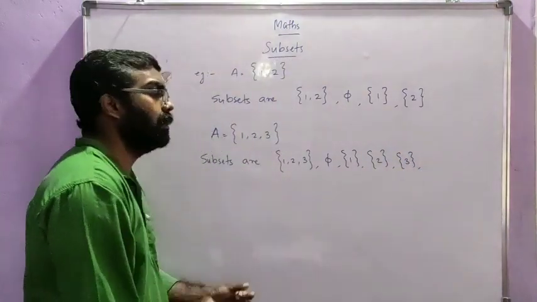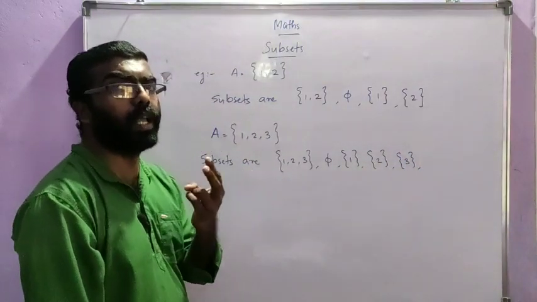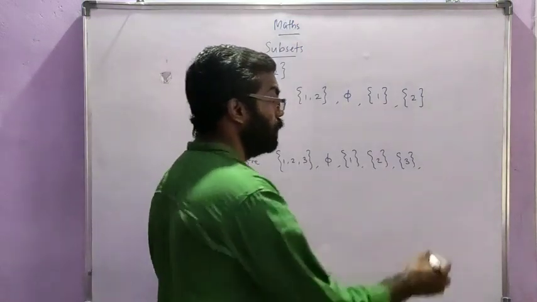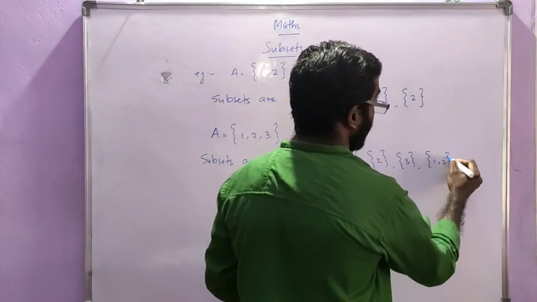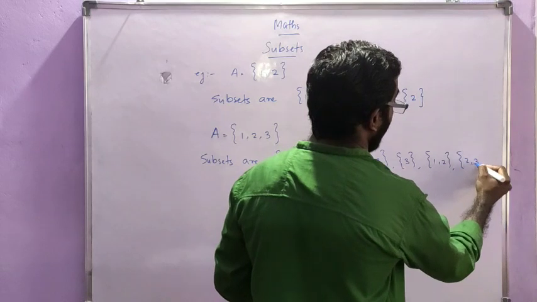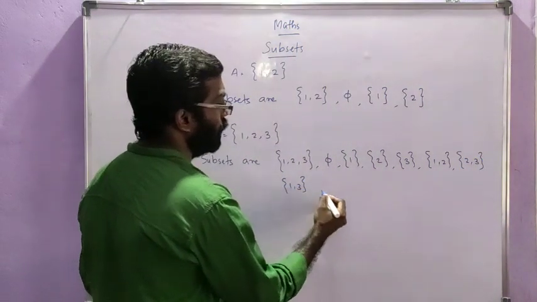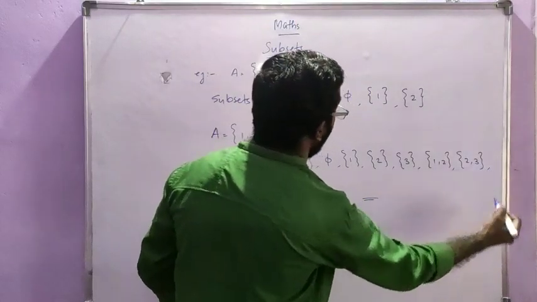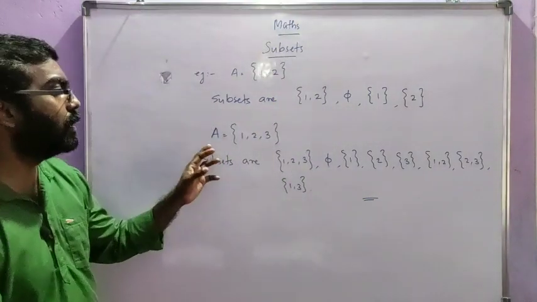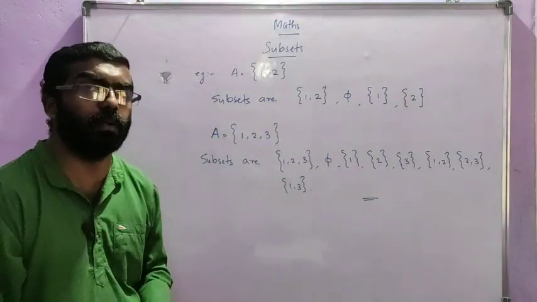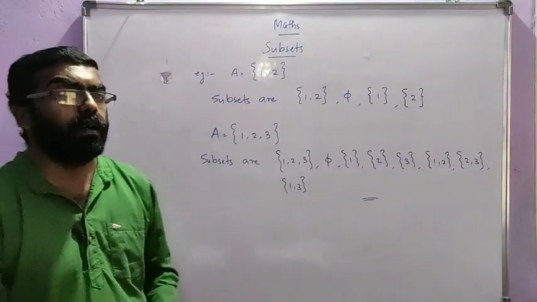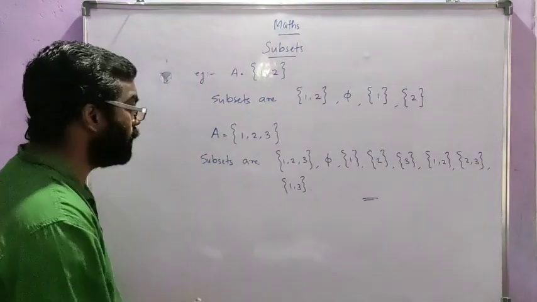Okay, now we can consider the sets with 2 elements: set 1, 2, set 2, 3 and set 1, 3. Okay, so these are the subsets of the set A is equal to 1, 2, 3. Clear? And another important thing is power set.